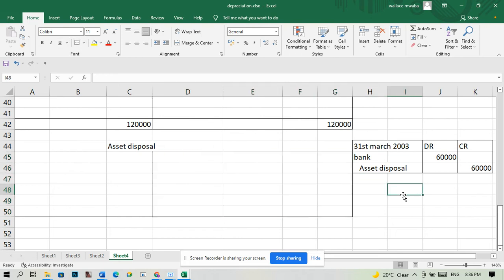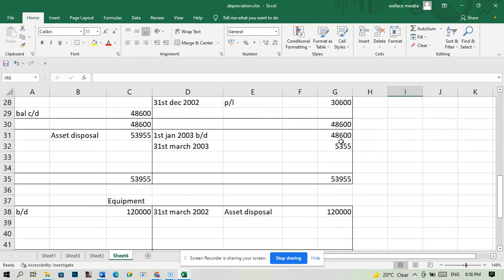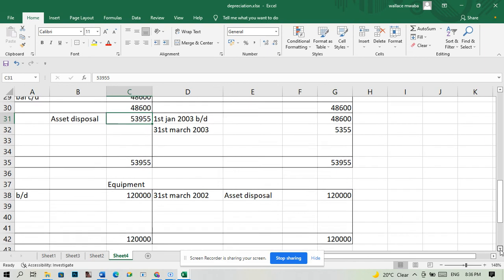Right. So on asset disposal, remember, this 59,955, which is coming from the accumulated depreciation, will be credited to asset disposal.